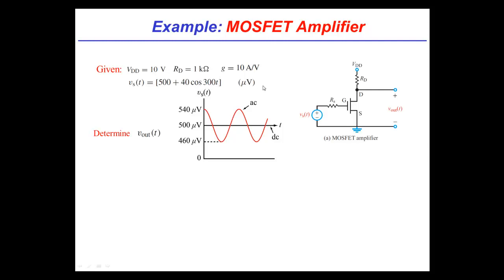So if this was an audio signal, it's a pure tone, 300t cosine, the amplitude is 40. You added this sort of DC shift up by 500 microvolts. And that's what the cheating is, I guess.